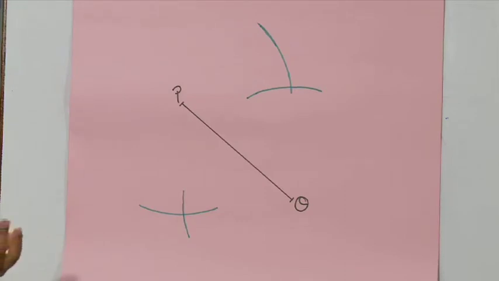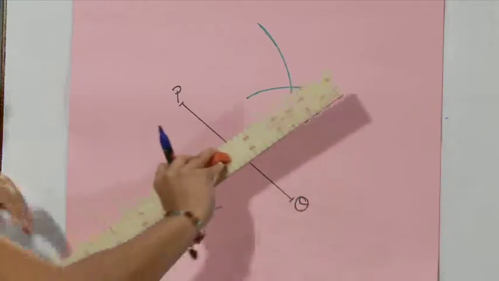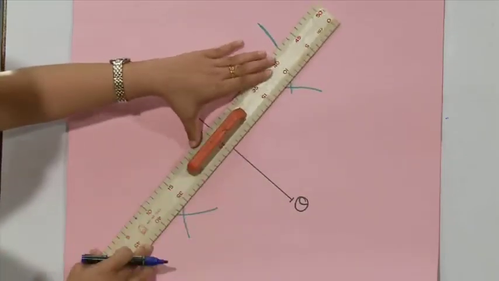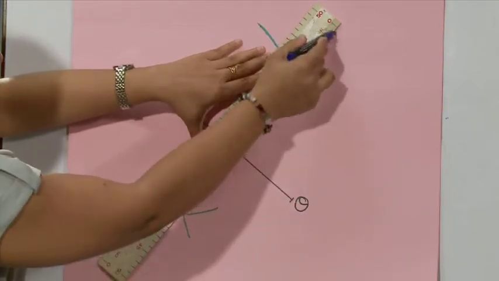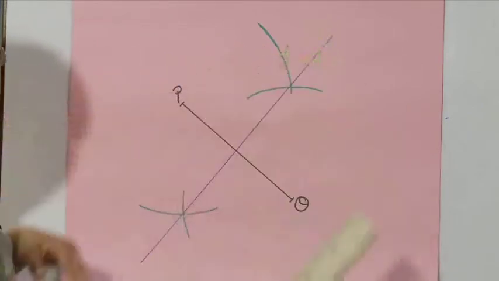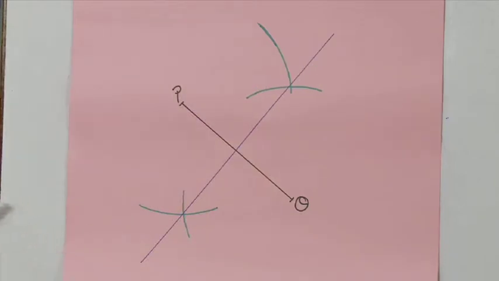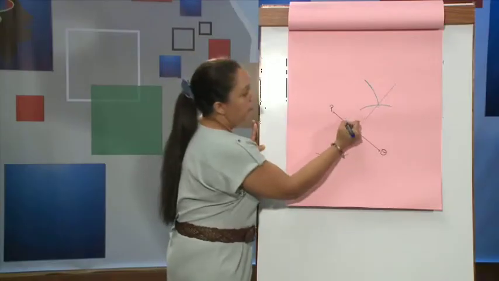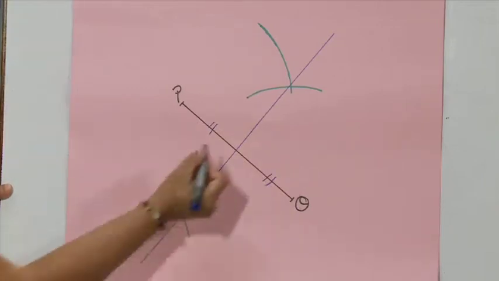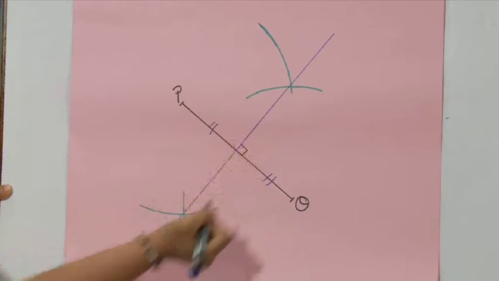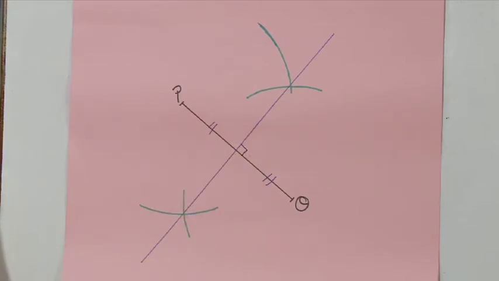You will use your ruler and then you will join these two bisections of arc. Good? So, what do we have? You've got two equal parts and the angle is always 90 degrees.